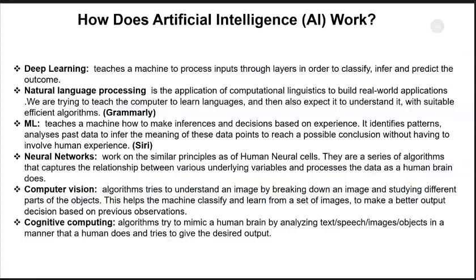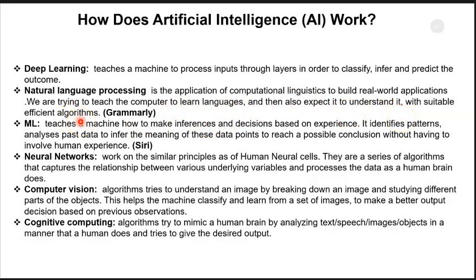Let's see. First of all, deep learning teaches the machine how to process inputs and then to classify, infer, and predict the outcome. Natural language processing is the application of computational linguistics to build real-world applications. Here, with this subdomain, we are trying to teach a computer how to learn languages, and then we expect it to understand them with a suitable, efficient algorithm.